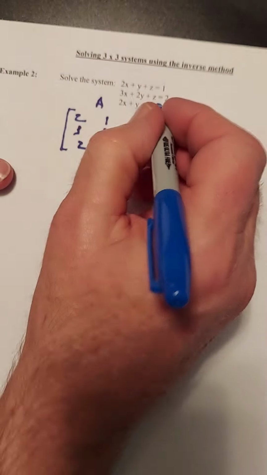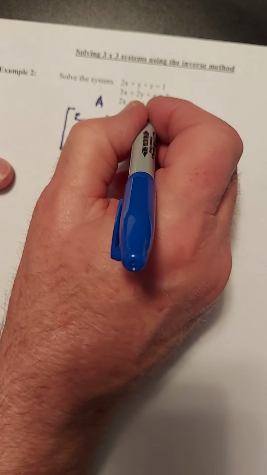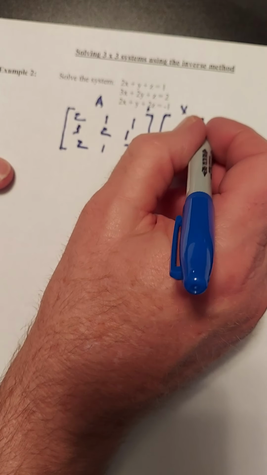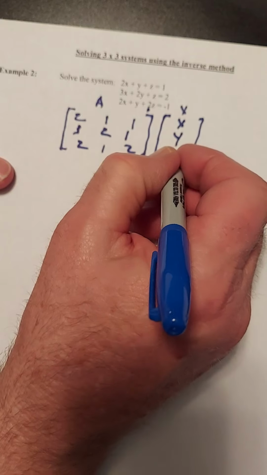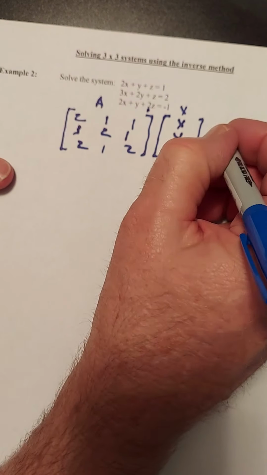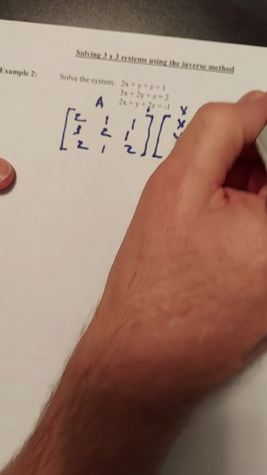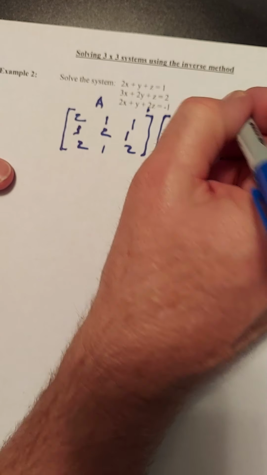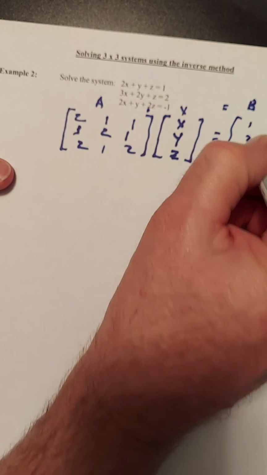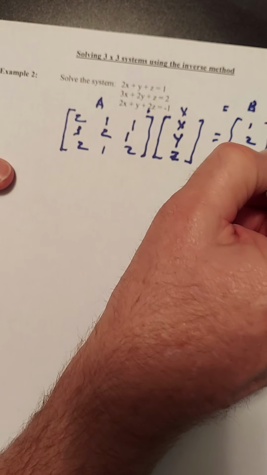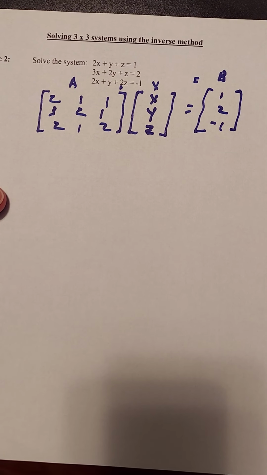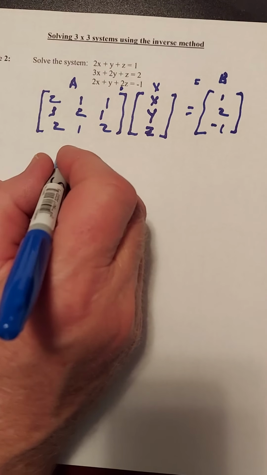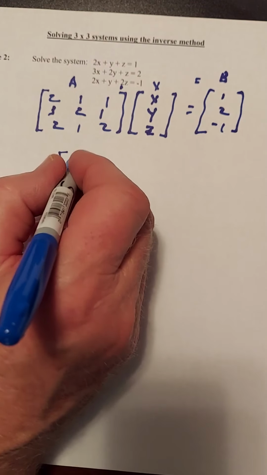I take the coefficient matrix times my variable matrix, which in this case is X, Y, Z, equals my answer matrix, we'll call it B, which is 1, 2, negative 1. That's those three numbers right there. Okay, so I want to know what X, Y, and Z are.